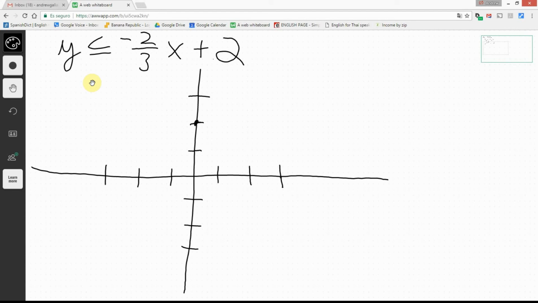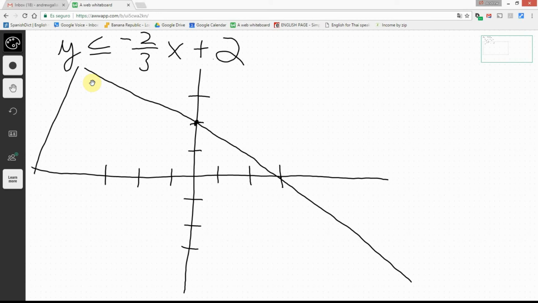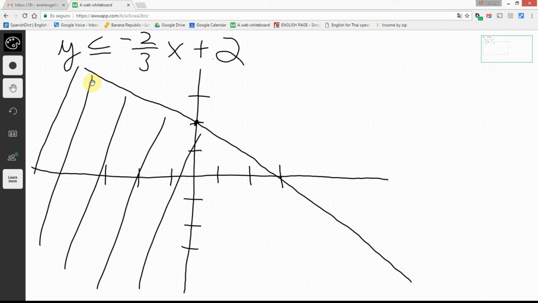And it looks something like this. Now you've graphed the line. Now all you have to do is shade, since it's an inequality and it says y is less than, you simply shade everything beneath the line. Okay, so that is the region that they talk about in this problem.